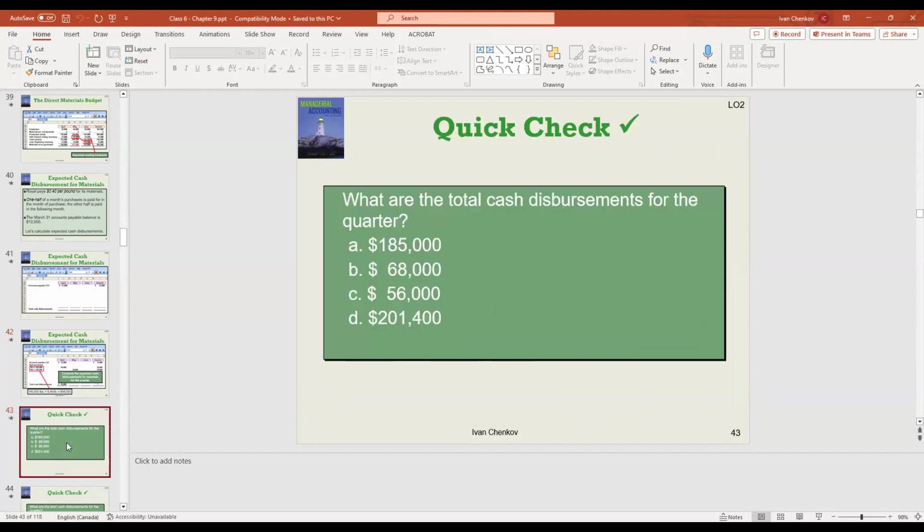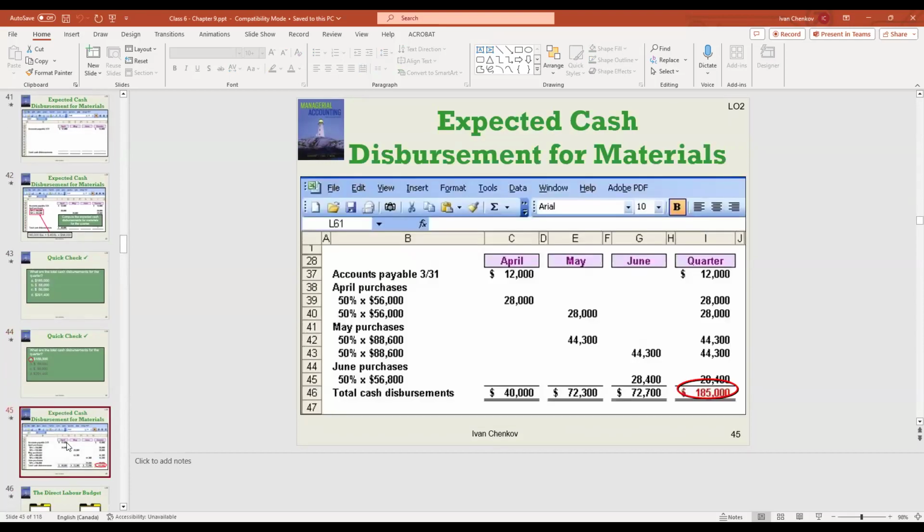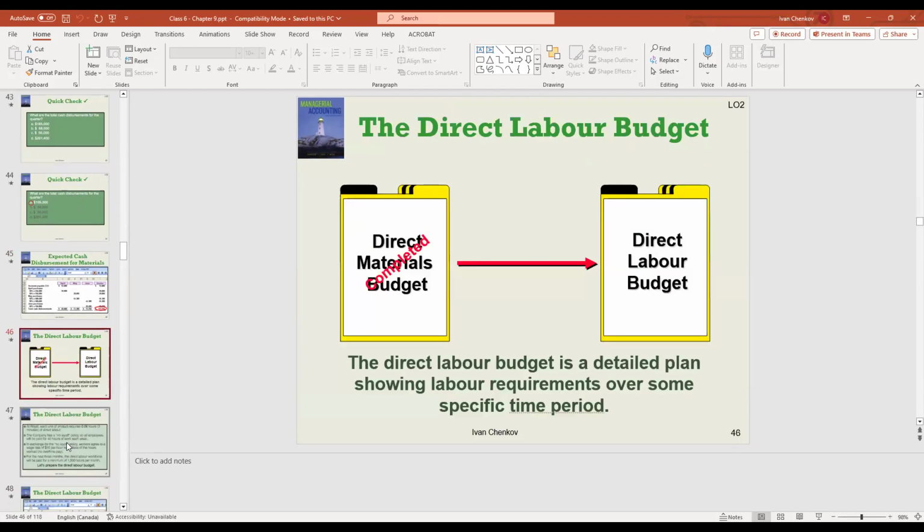Then we're going to pay 50% of May in May, and the other 50% in June. In June, we're going to pay only 50% of the purchases for June, and the other 50% will stay as accounts payable for the beginning of the second quarter. And we're done with our materials. That was the most difficult part of the calculations. From now on, it's all downhill.